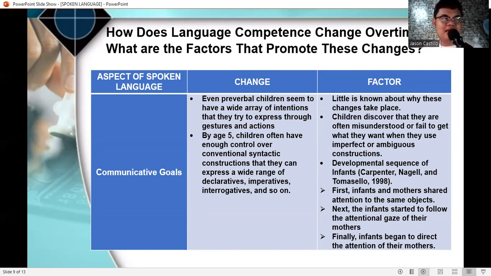Okay? And another thing is the smile of the baby. Even though the baby is not yet speaking, still we can understand them. That is their way of communicating with us.